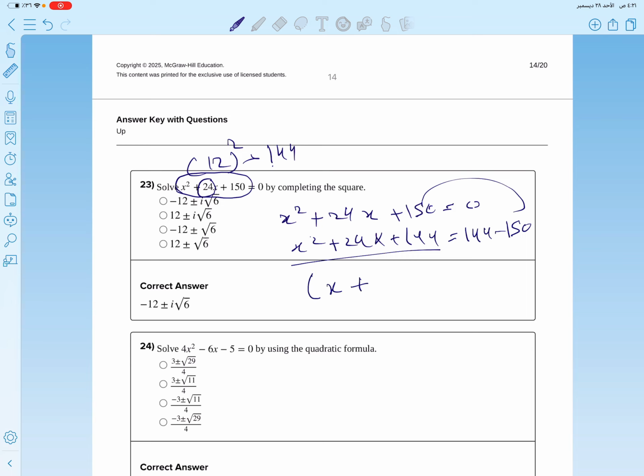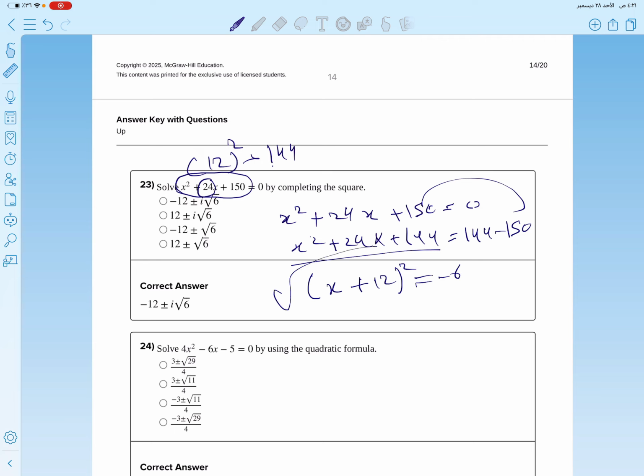(x plus 12) squared equals, now 144 minus 150 is going to be negative 6.